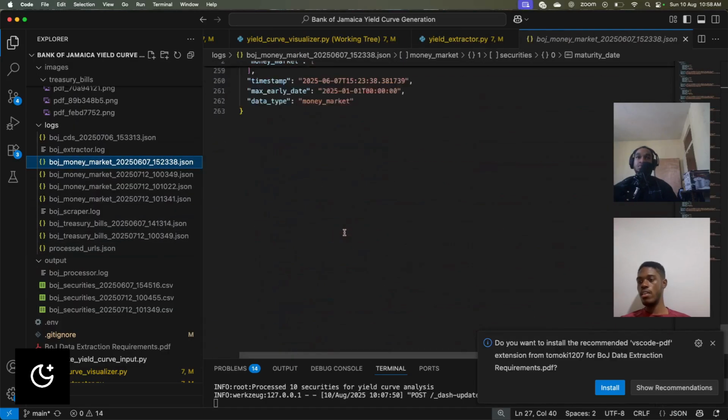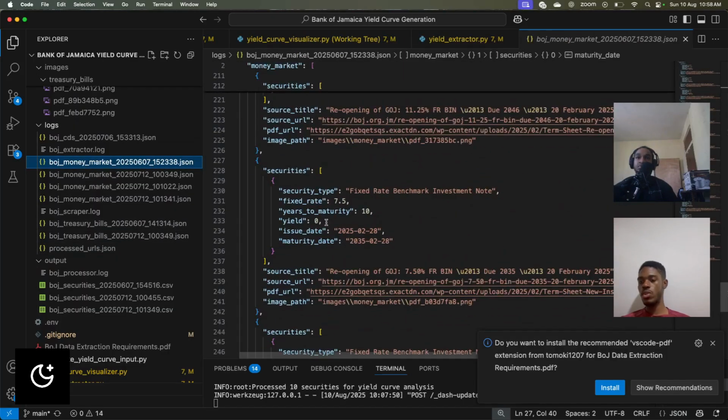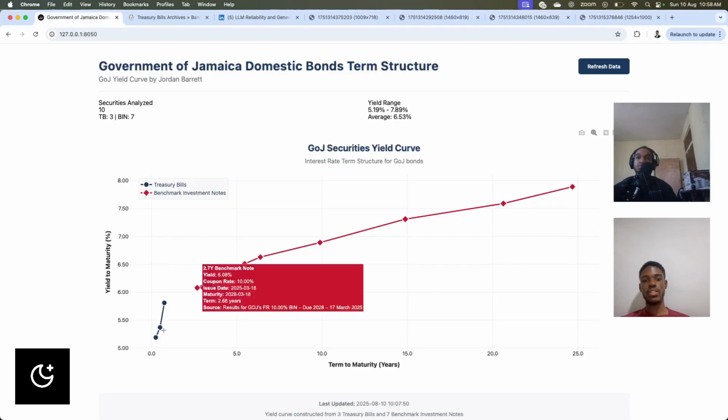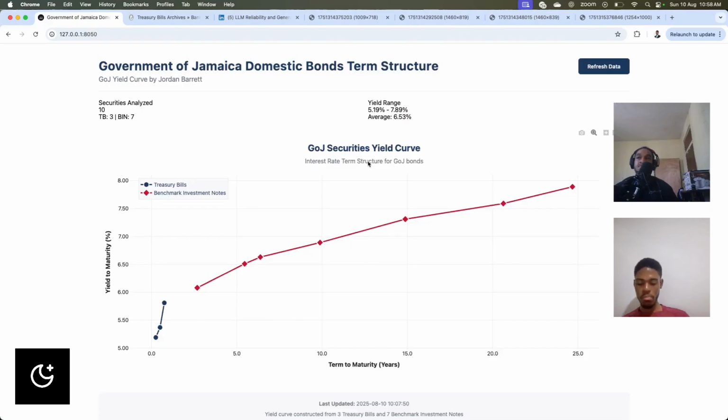That's sick. And then this actual web application is just reading from that JSON file. That's pretty much it. Pretty simple once you know what you're looking for.